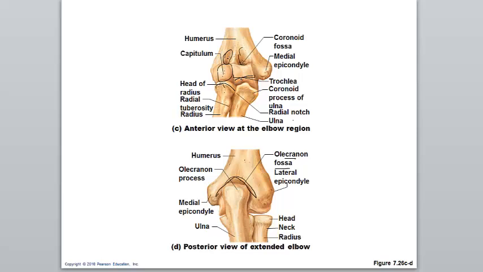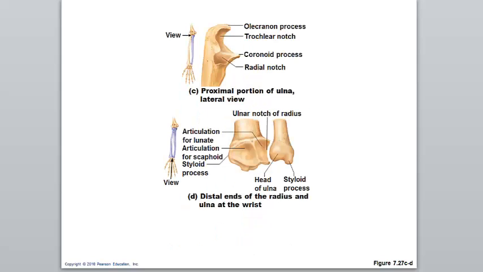Trochlea, basically it's pulley-shaped, is where your ulna sits. When you look at your ulna, you'll realize that the ulna is somewhat like a claw-shaped structure. So here's your ulna. Okay, so it's a claw-shaped structure like this. The olecranon process sits posteriorly, and the coronoid process sits anteriorly.